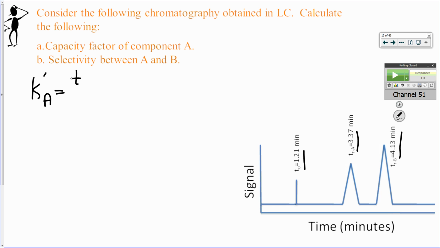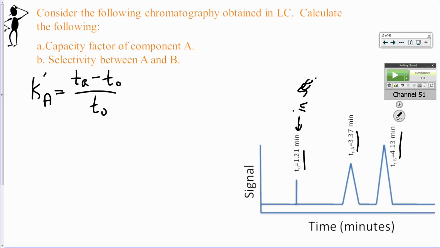It's simply tR less t naught divided by t naught. A key thing you have to look at is whether the units are the same between the times. Especially if something's eluting really fast, they may give you this in seconds.